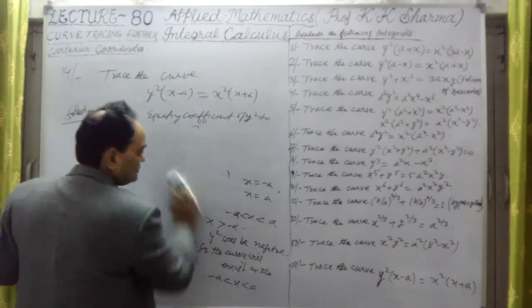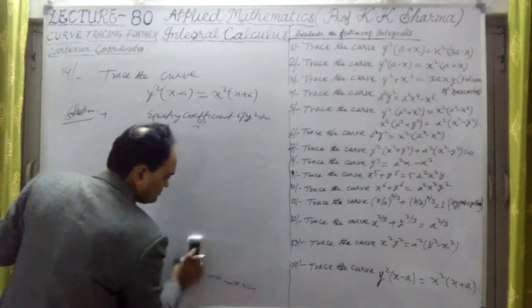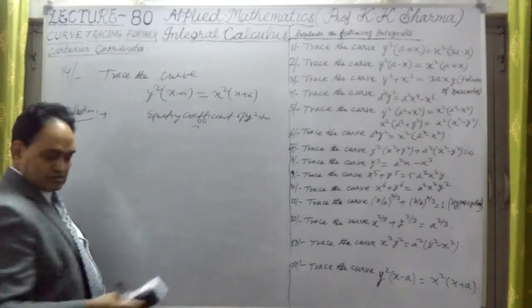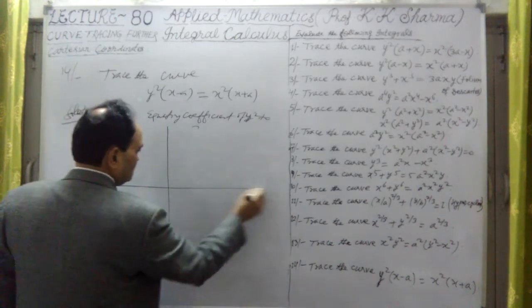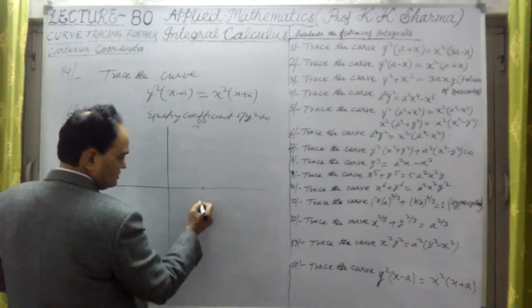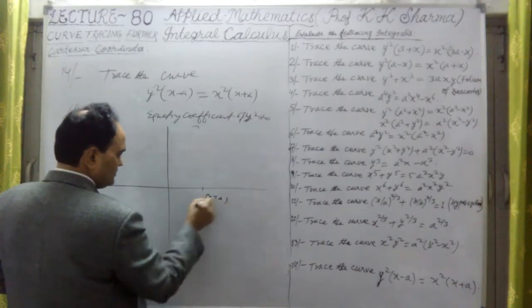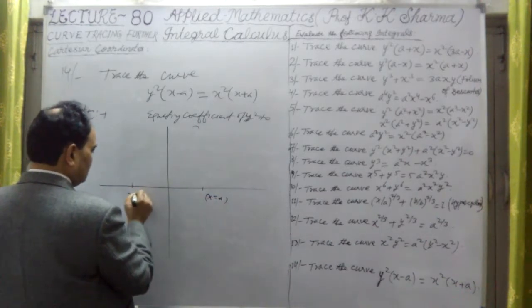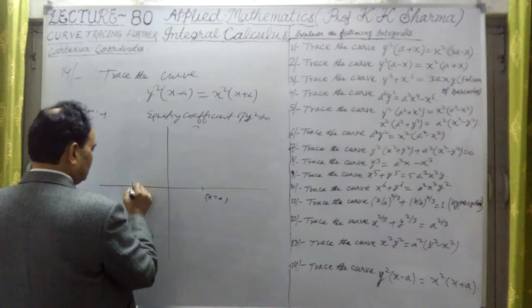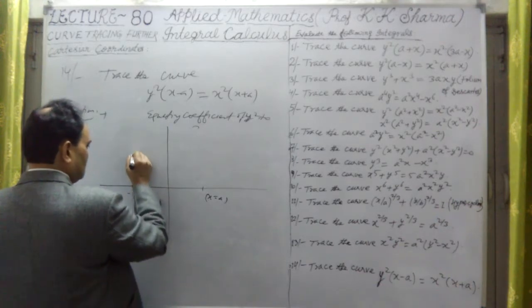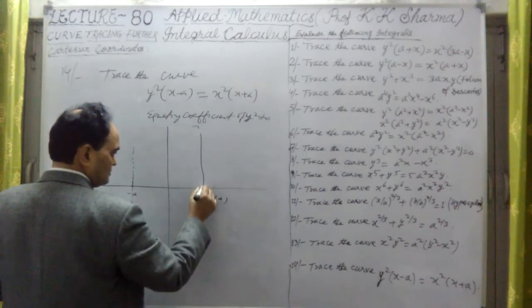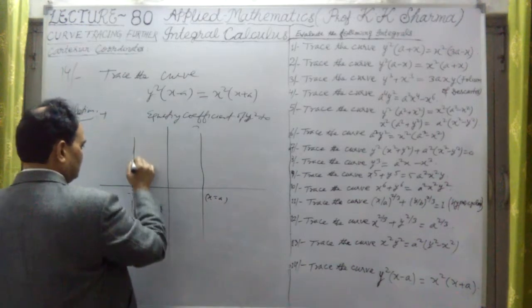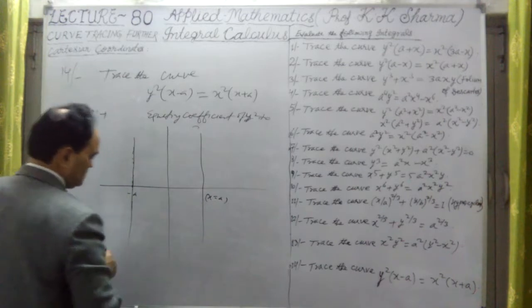What kind of figure will be there? Shape of the curve in this case should be that we take. Now in this case, suppose this is a, x equal to a. Here it is minus a, x equal to minus a. Here it is x equal to plus a.